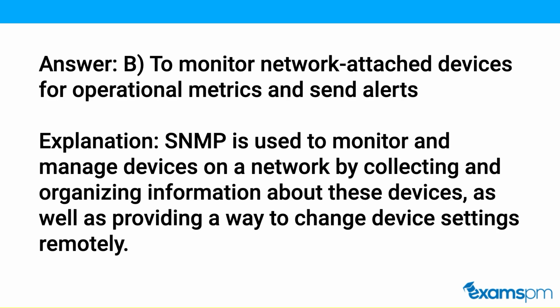Answer: B. To monitor network-attached devices for operational metrics and send alerts. Explanation: SNMP is used to monitor and manage devices on a network by collecting and organizing information about these devices, as well as providing a way to change device settings remotely.